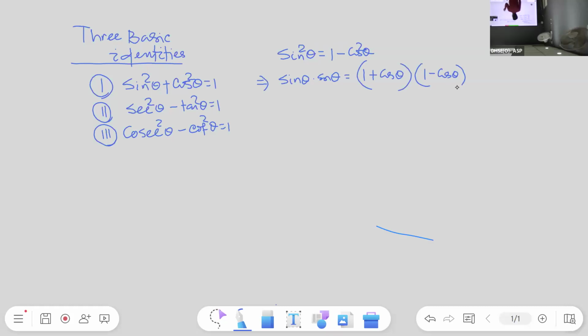So rearranging the terms, we can write sin theta upon 1 plus cos theta equals 1 minus cos theta upon sin theta.